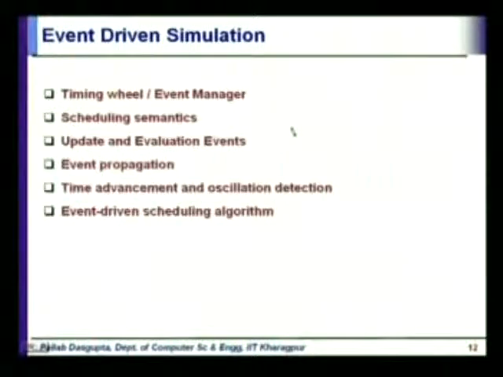Then the update and evaluation events, there are two different things here. One is that a signal actually changes, which is an update event, and the evaluation event is where you don't know whether it will change or not, so you still have to evaluate that logic. Then we will see how events propagate through the circuit and how we do time advancement and oscillation detection. Okay. And finally we will summarize this whole thing with the event driven simulation algorithm.